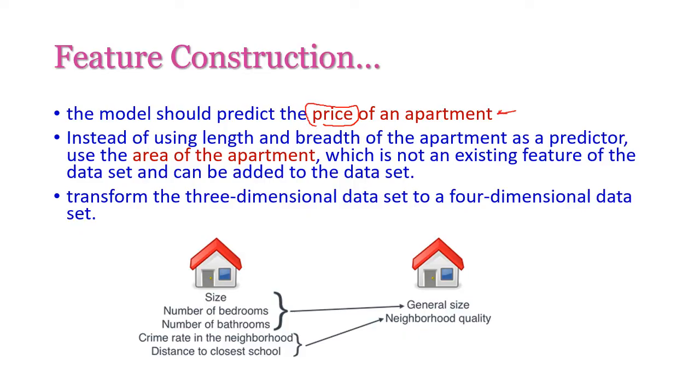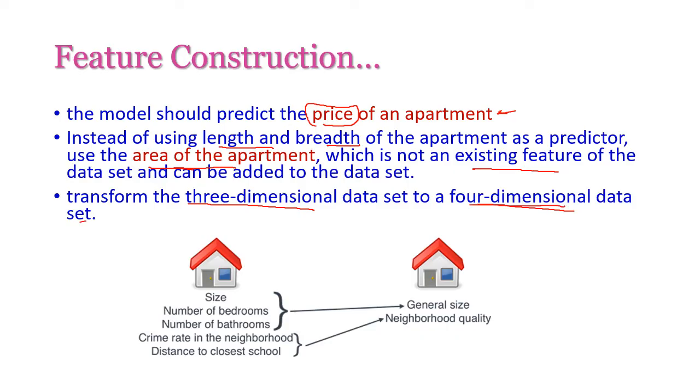Here our problem is to find the price of an apartment. To find the price of an apartment, we need the area of the apartment instead of length and breadth. So we have to generate a new feature from the existing features. That is, the three-dimensional data will be converted into a four-dimensional data set. Why four-dimensional?